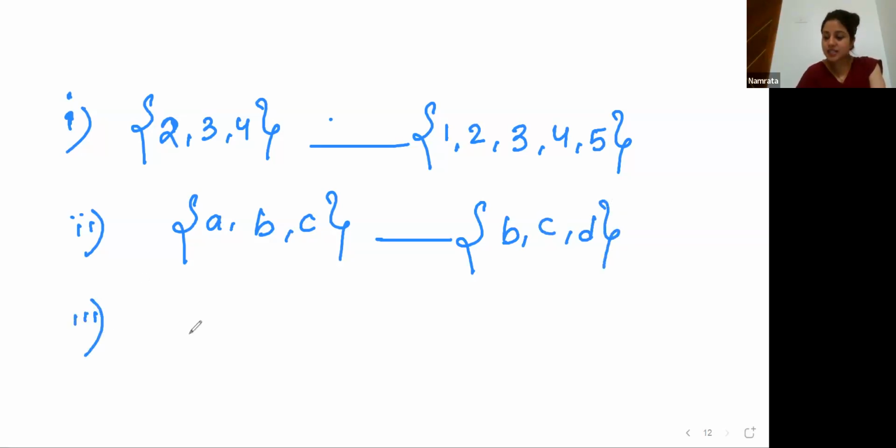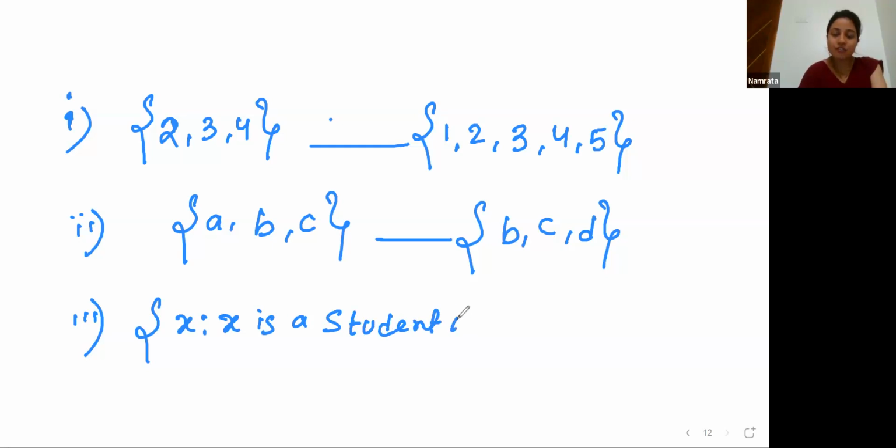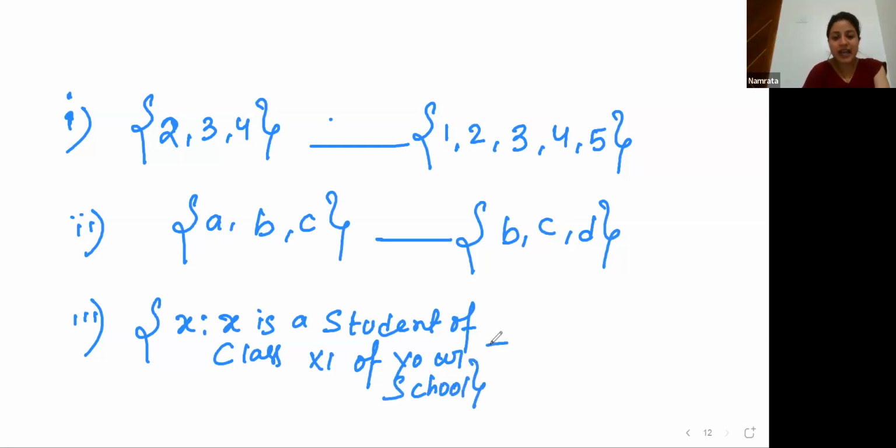The next one is {x such that x is a student of class 11 of your school} and {x such that x is a student of your school}.